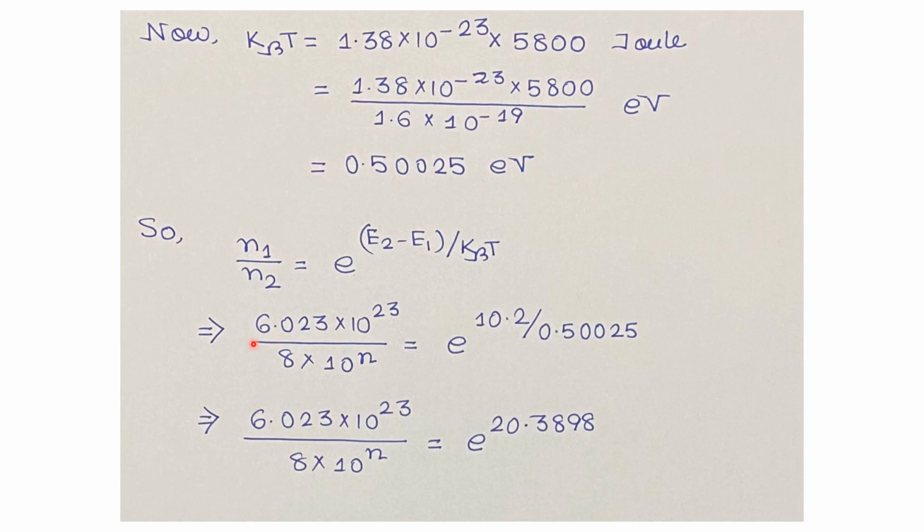So n1 is 6.023 times 10 to the power 23, divided by n2 value 8 into 10 to the power n, equals e to the power 10.2, that is E2 minus E1, divided by kBT value in electron volt, that is 0.50025. So this will give 6.023 times 10 to the power 23 divided by 8 into 10 to the power n equals e to the power 20.3898.